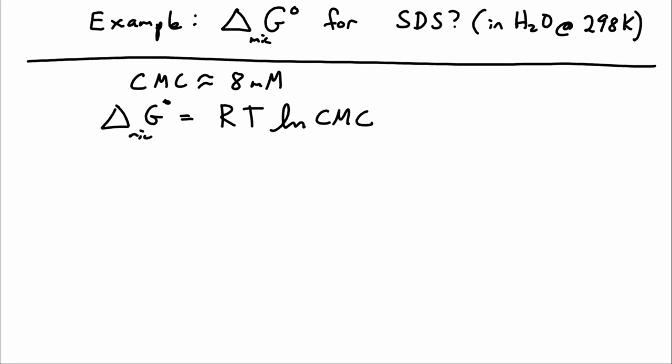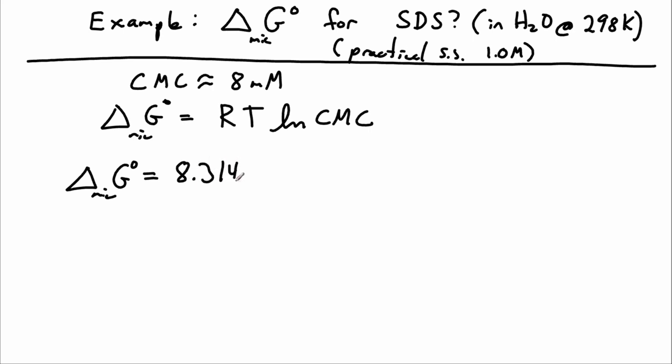So make sure, for instance, if you're comparing the propensity of two different surfactants to form micelles using the delta G standard, you need to know which standard state. Okay, so let's go ahead and say that we're going to be using the practical standard state. The practical standard state is a 1 molar standard state. Now that we know that, we can just plug in our numbers. We have to switch the concentration to the appropriate standard state.